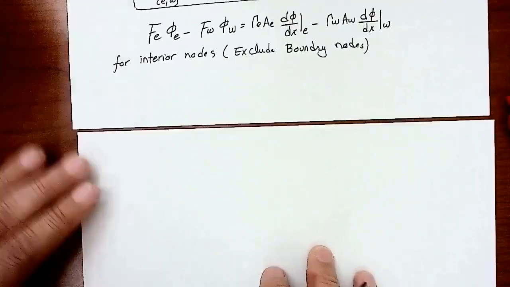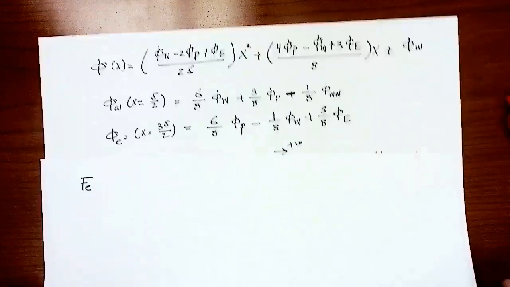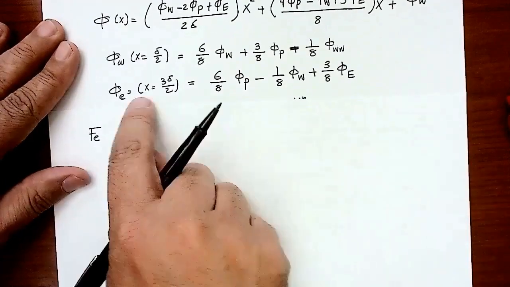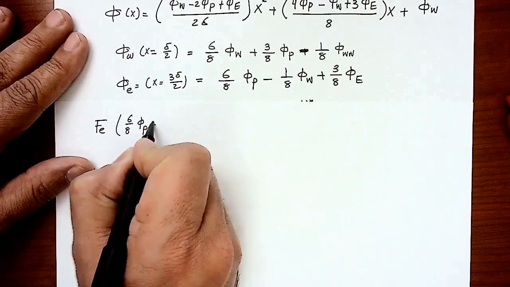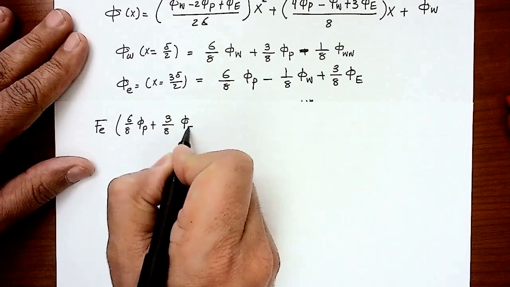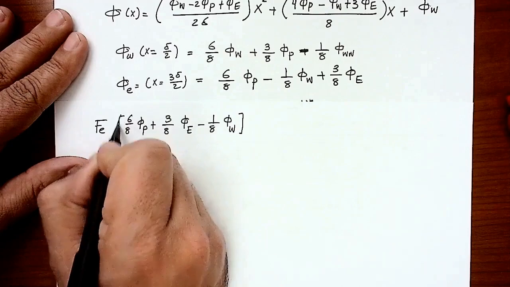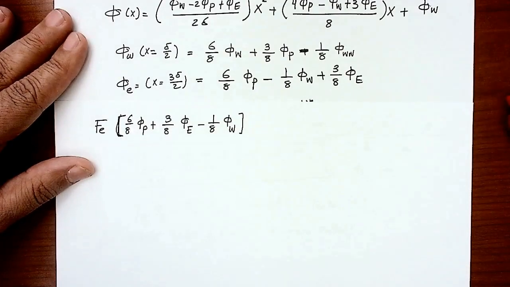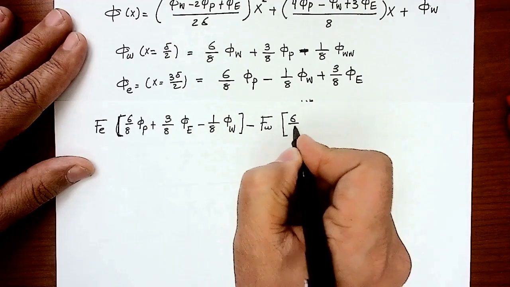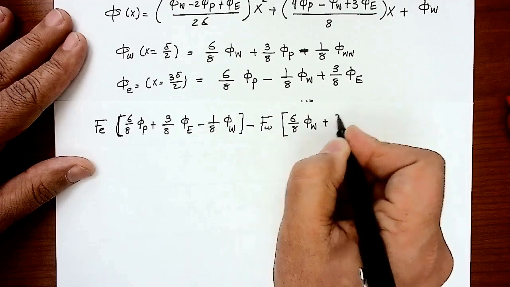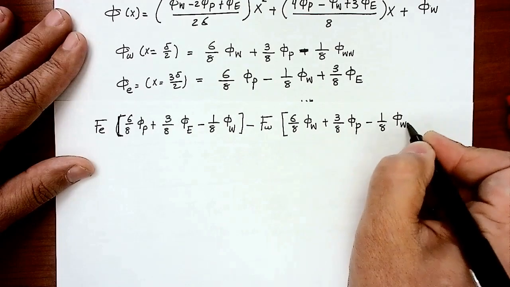I'm going to go with F east phi east, which I will substitute with this term here. So I'm going to have 6 over 8 phi P plus 3 over 8 phi east minus 1 over 8 phi W. And minus F west phi west will be 6 over 8 phi W plus 3 over 8 phi P minus 1 over 8 phi WW.